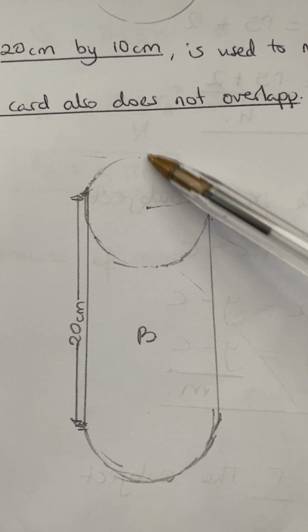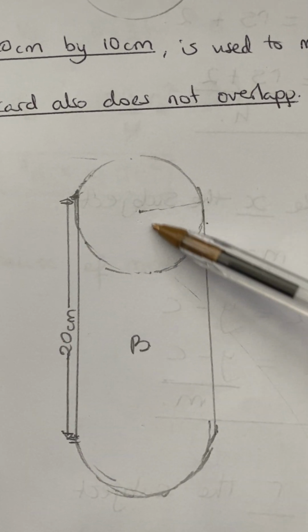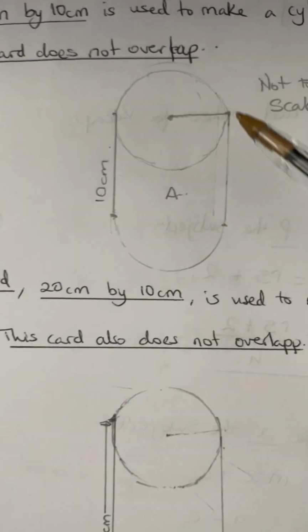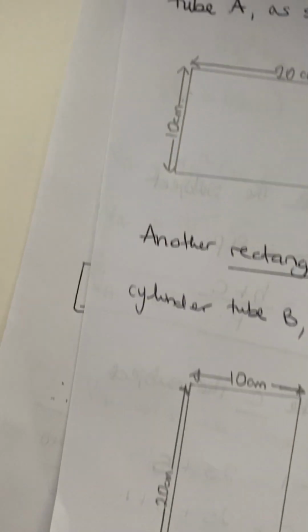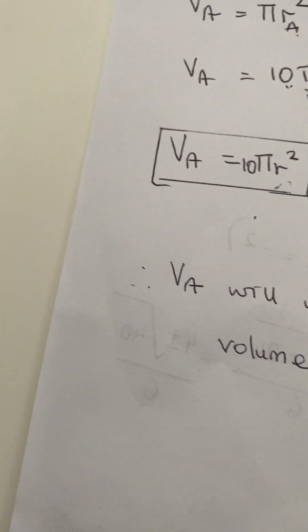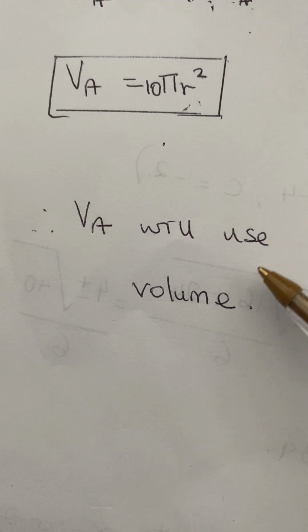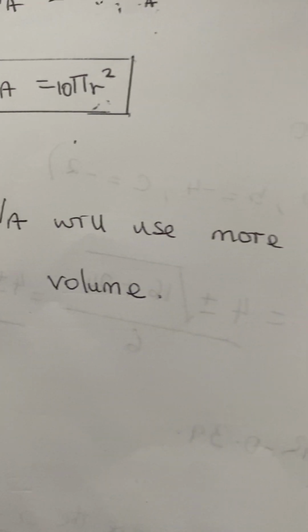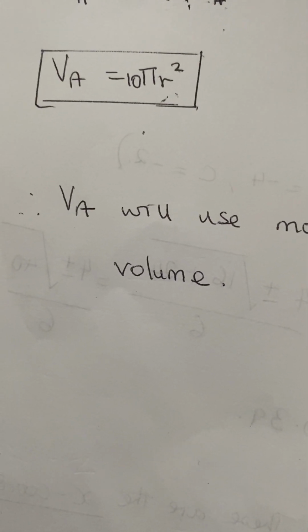So if it is a marketing thing, we'd rather go with this shape than this shape. So they said I should show working. So I've just shown working that the first one will take more clay using volume.